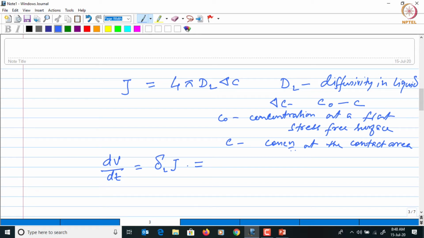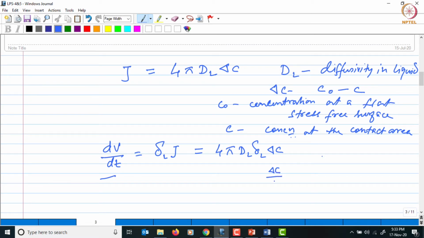Replacing J over here we get dV by dt equal to 4 pi D_l delta L delta C. Delta C is small and can be written as this, where P_E is the total stress on an atom.